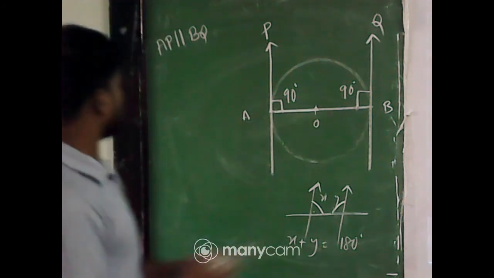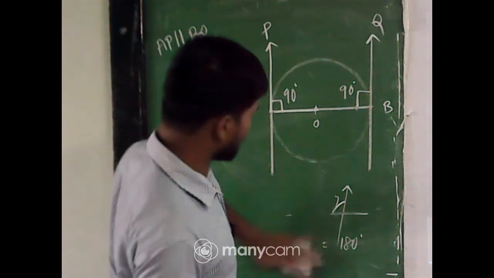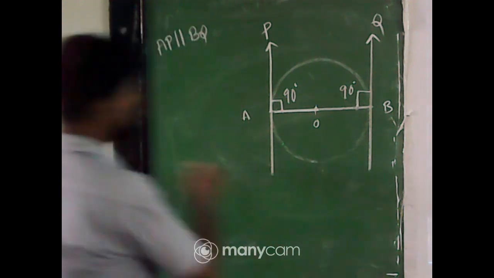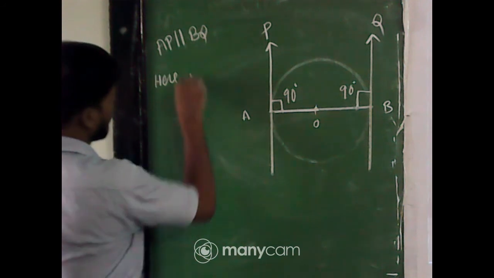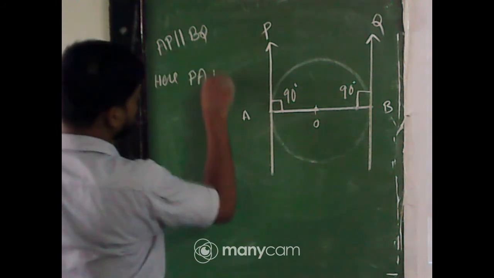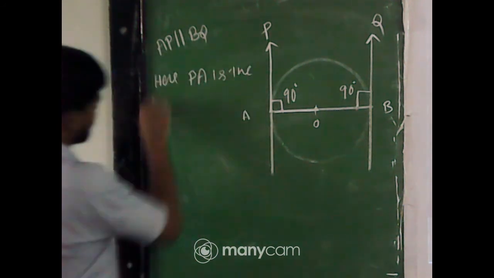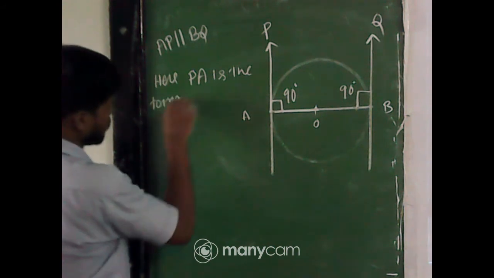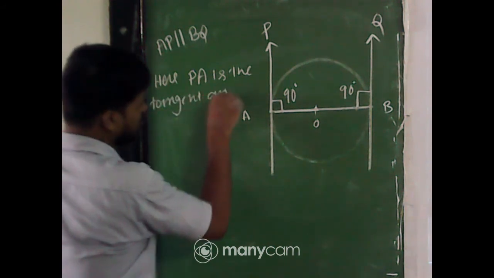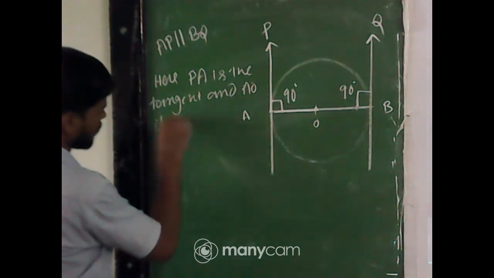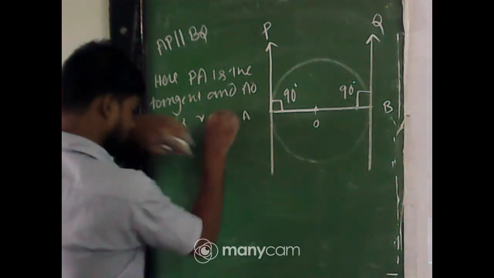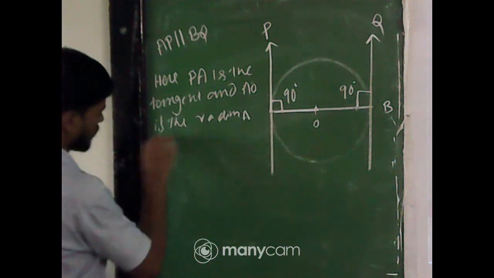Now we are doing the theorem in detail. Here PA is the tangent, and AO is the radius through the point of contact.